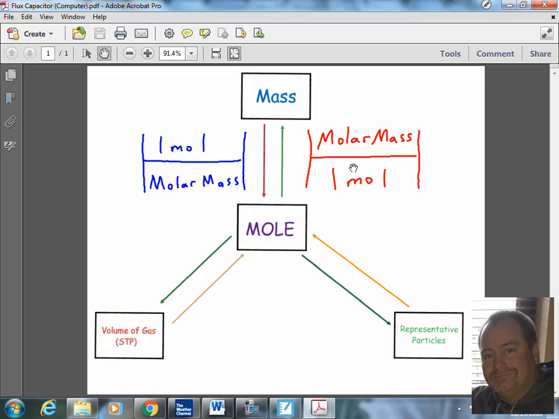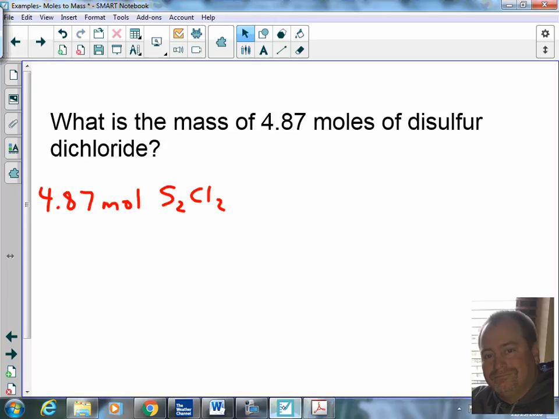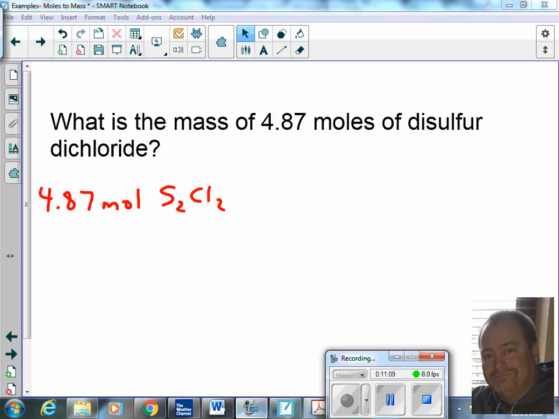Well, you need to take a second here and calculate the molar mass of disulfur dichloride. Then, Chloe, I saw your hand first. What is the molar mass of disulfur dichloride? 135.036 grams per mole, correct?